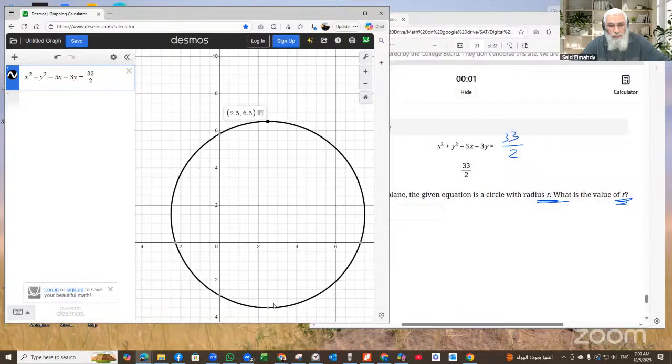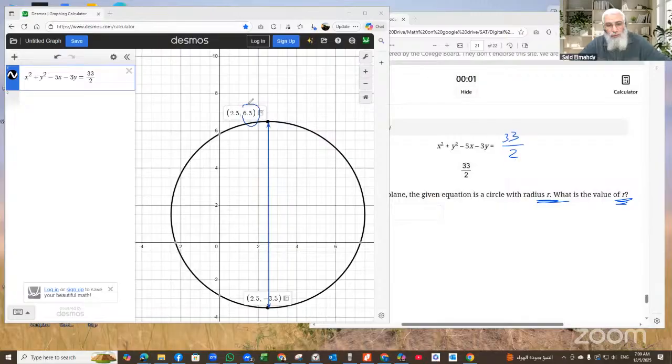So this is the diameter. He is asking about the radius. Radius is half the diameter.